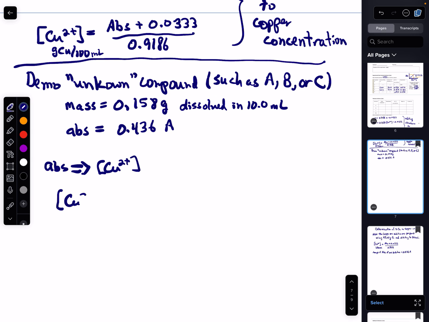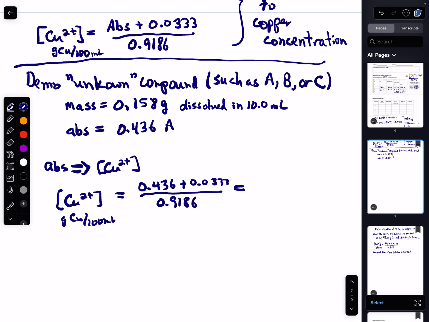So the concentration of copper 2 plus, in grams of copper per 100 milliliters of solution, is equal to the absorbance, 0.436, plus 0.0333, divided by 0.9186. I'm going to do that on my calculator.